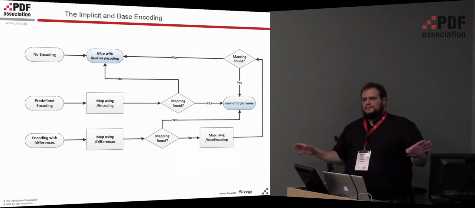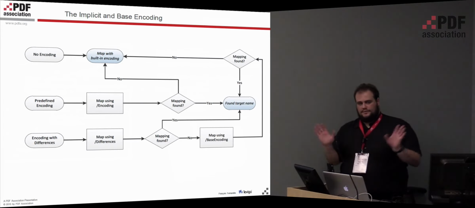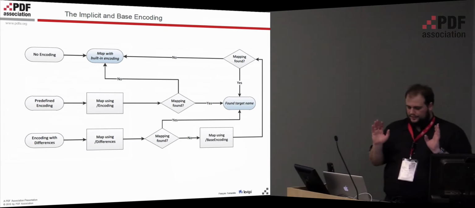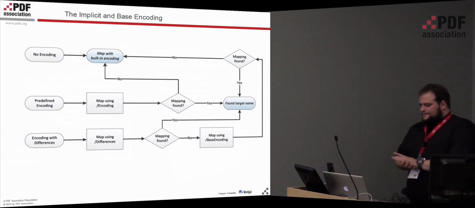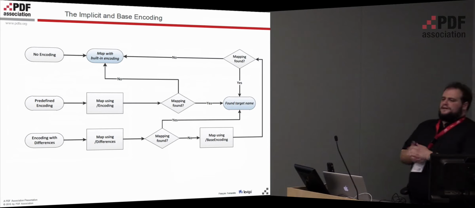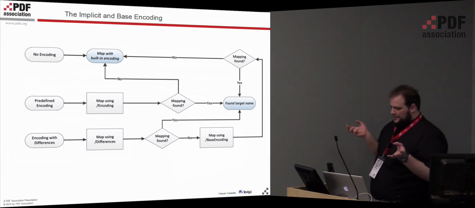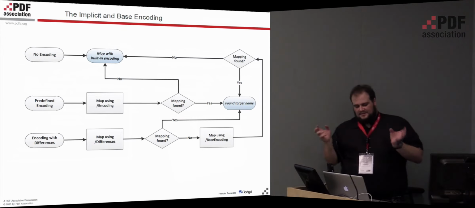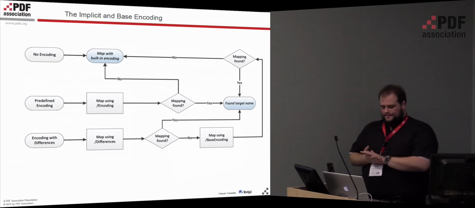All those slides will be made available after the PDF Technical Conference, so you can easily have a look at them. So basically, if there's no encoding specified, which is one simple example, map with a built-in encoding, it is somehow defined with the appropriate font format.